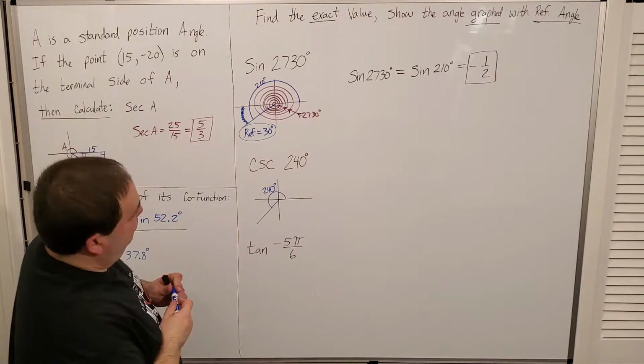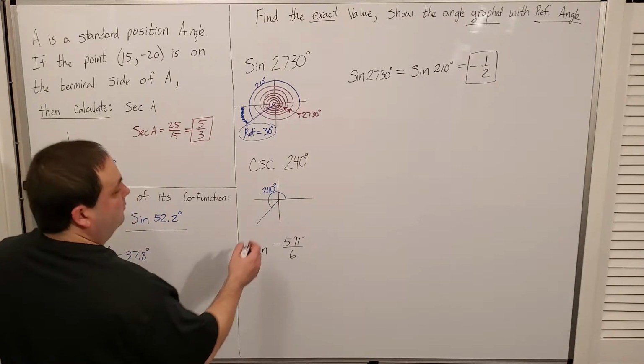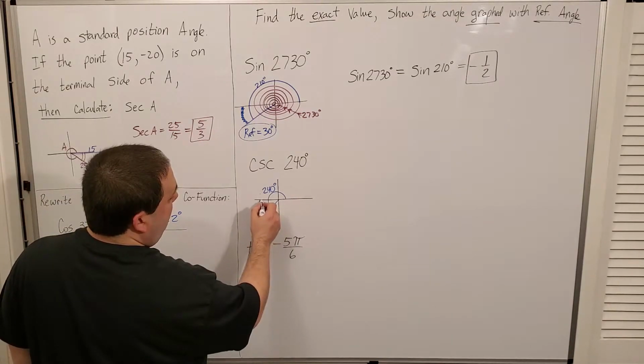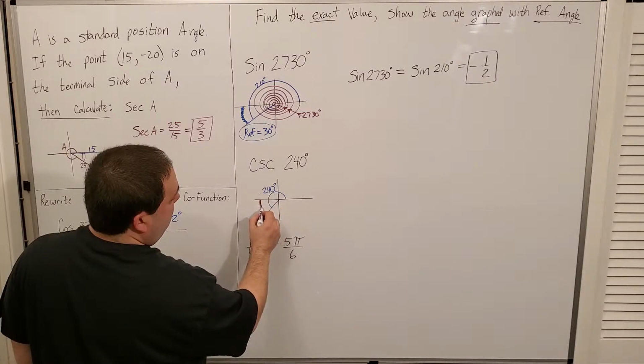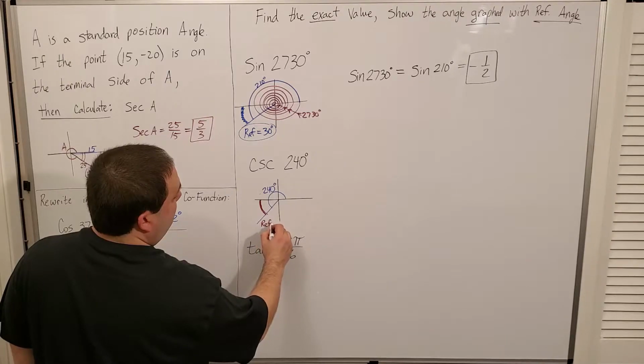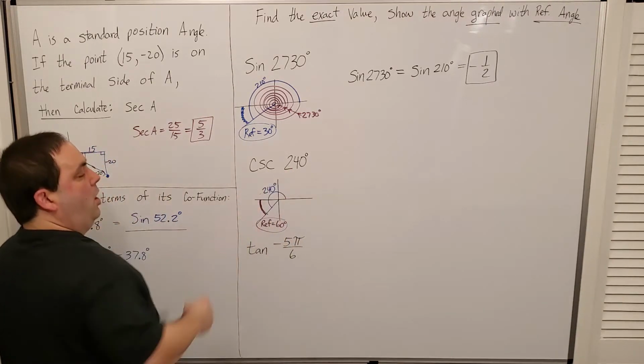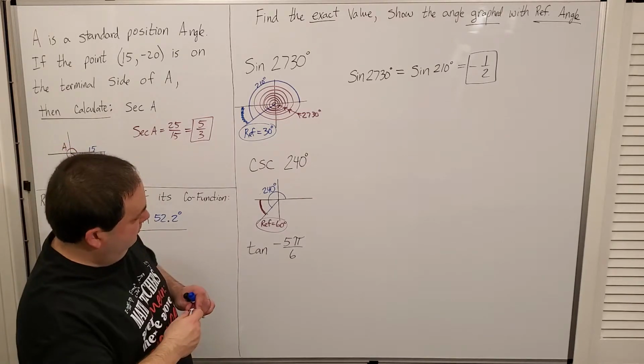And then I'm going to compute the reference angle, right? That's just going to be this angle right here. My reference angle is 60 degrees because it's 240 minus 180.